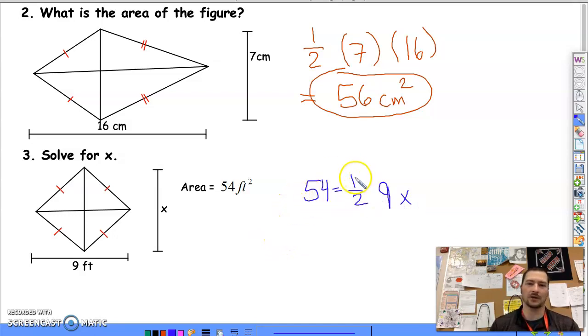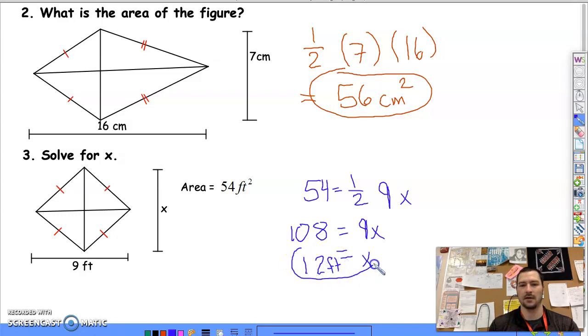I like to get rid of the fraction right away, so multiply both sides by 2. We have 108 equals 9x. Then we can divide by 9 and get 12, and we have feet here. If you wanted to, you could have done 1/2 times 9 and got 4.5x equals 54, then divide by 4.5. You'd still get the same answer.